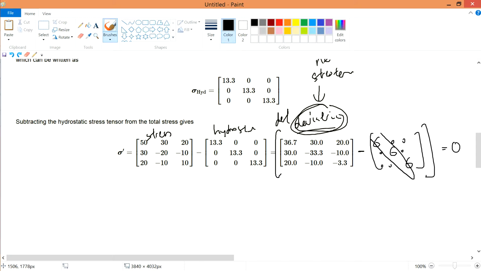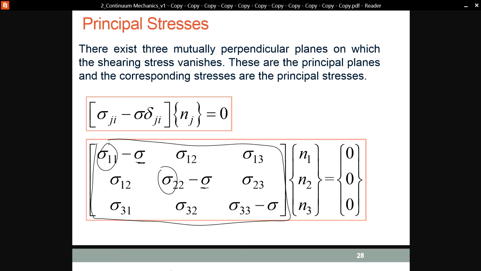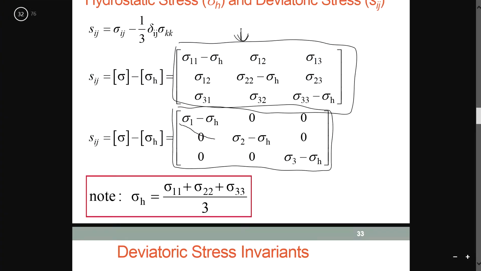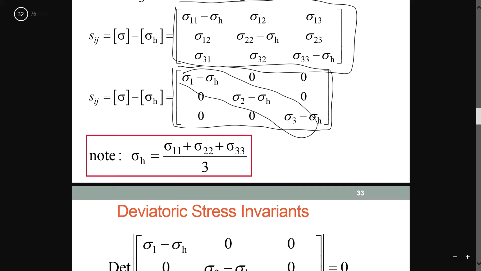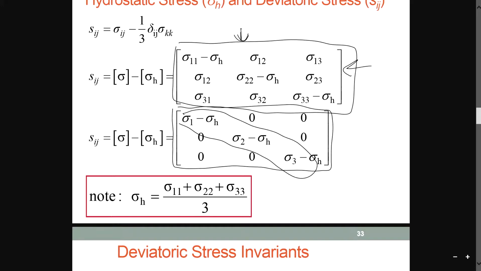All these values over here, in other words, from this slide, this is the principal of our deviatoric stress. Now, in order to find the invariants, you may be tempted to use this formula, but this formula doesn't apply to this one, because this is just the deviatoric stress.